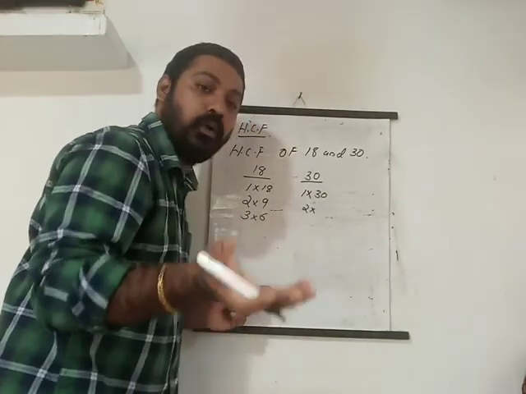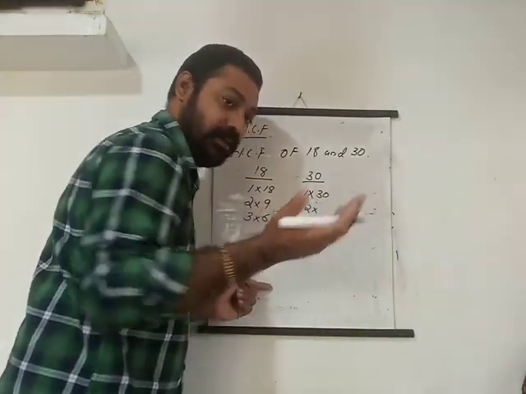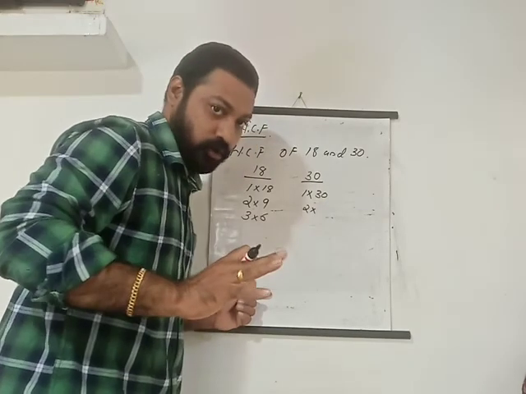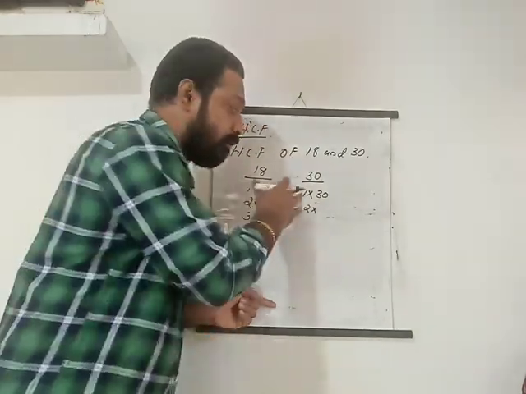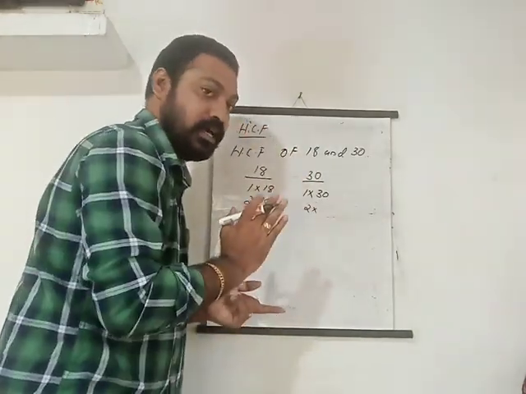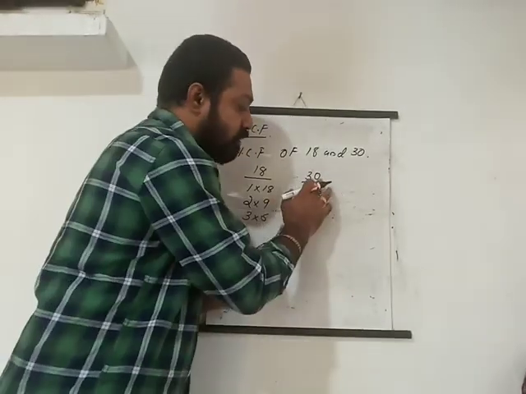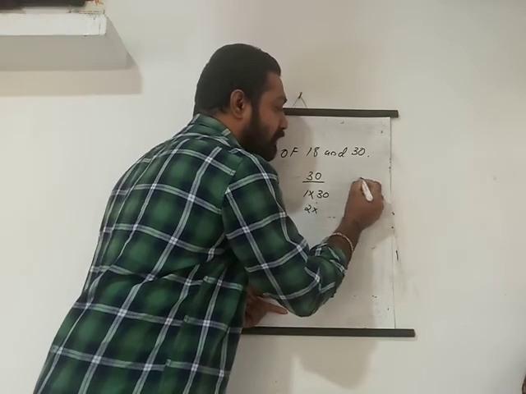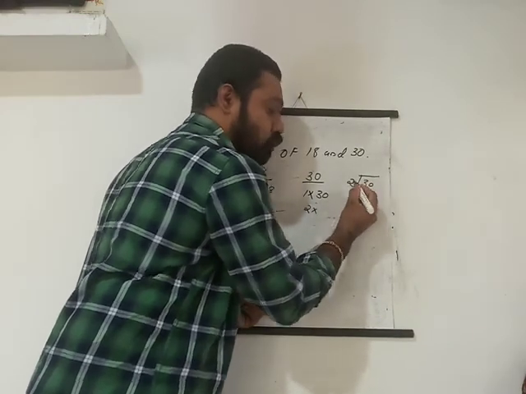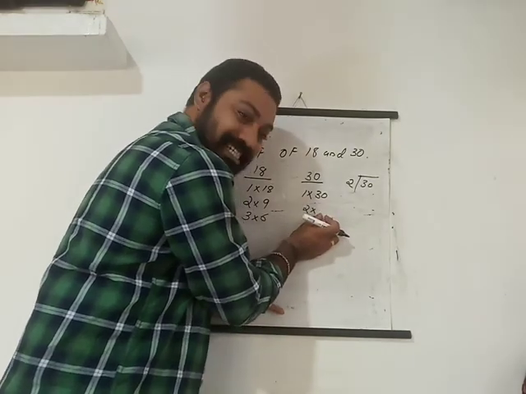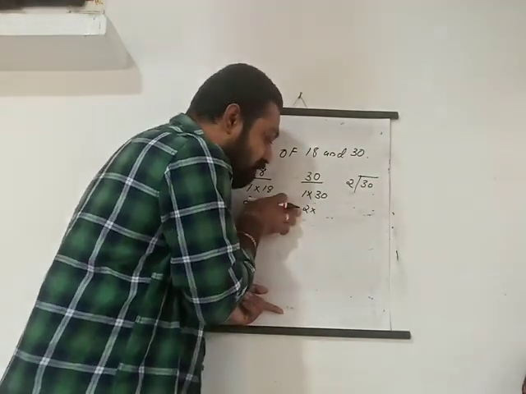If you know, you can write it: actually 2 into 15 is 30. But if you don't know, just divide 30 by 2. If you have doubt about how many times 2 goes into 30, then divide 30 by 2.